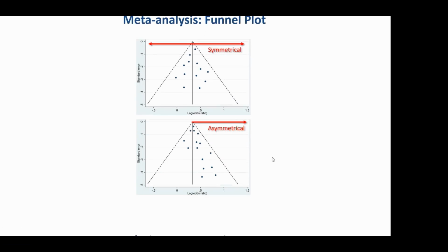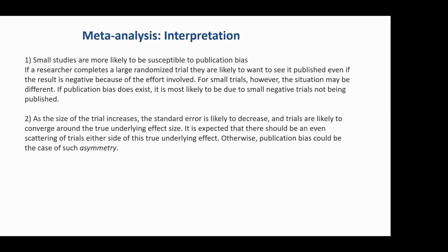Why is this possible? You might have seen already in your studies that the larger the study, the more one researcher will be prone to publishing the results, even if they are negative, no? Because they have put a lot of effort into this huge randomized controlled trial, and then they see the point in publishing it.